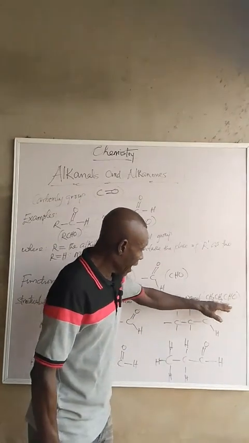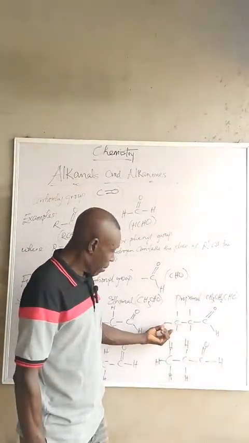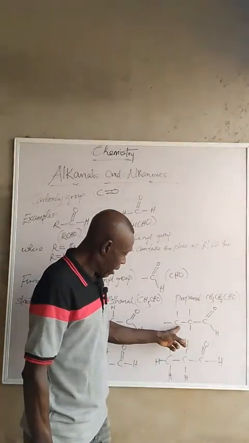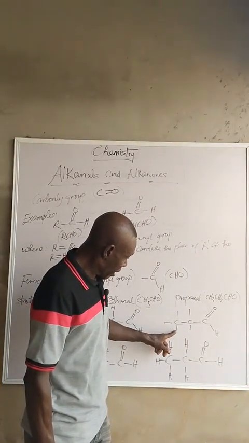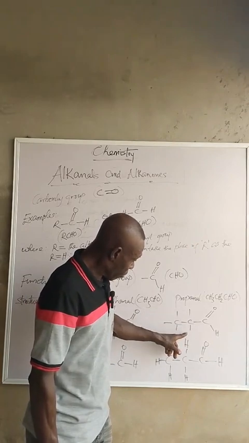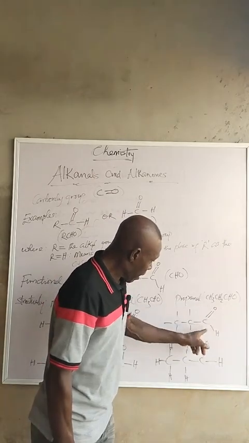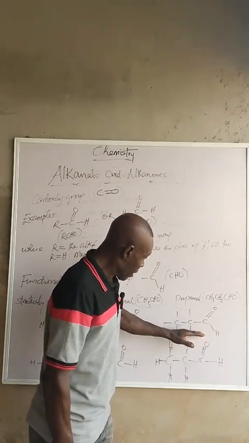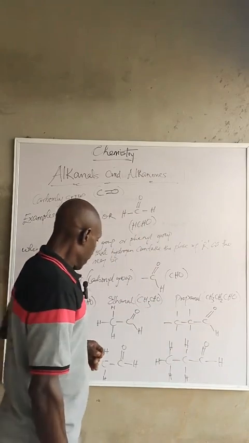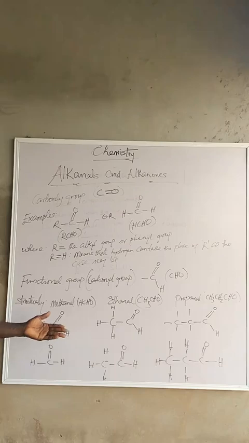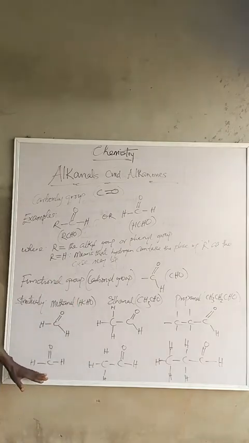We have three carbon atoms: the first carbon atom with three hydrogen atoms, two hydrogen atoms on the second carbon atom, and the third carrying the carbonyl group and one hydrogen atom. This is propanal.